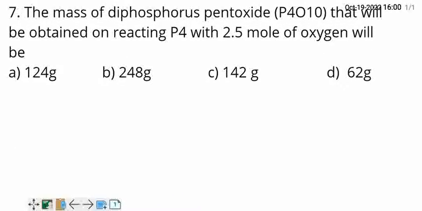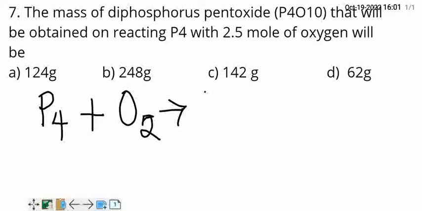We are asked to find the mass of diphosphorus pentoxide that will be formed on reacting phosphorus with 2.5 moles of oxygen. This is a stoichiometric calculation. For a stoichiometric calculation, you must write the equation and balance it first. Otherwise, do not proceed.